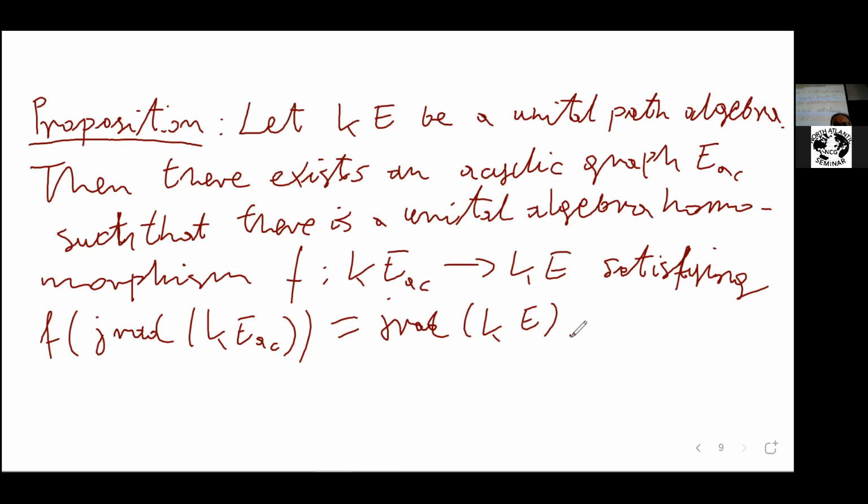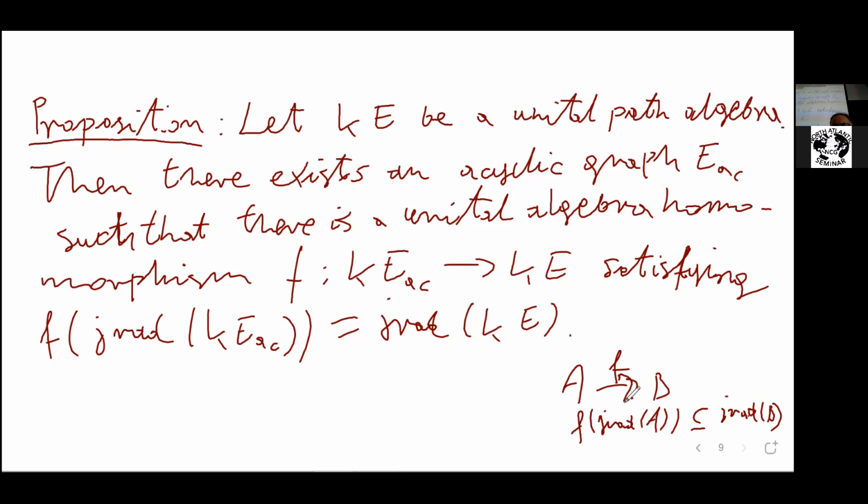And in general, in order to prove that if I have a unital algebra homomorphism F from A to B, then F of the Jacobson radical of A is contained in the Jacobson radical of B, so that the Jacobson radical is mapped into the Jacobson radical, I remember I did it, but I needed to assume that F is surjective.